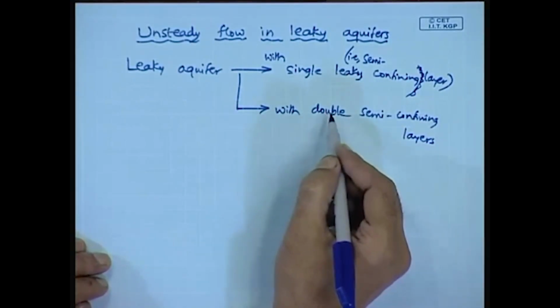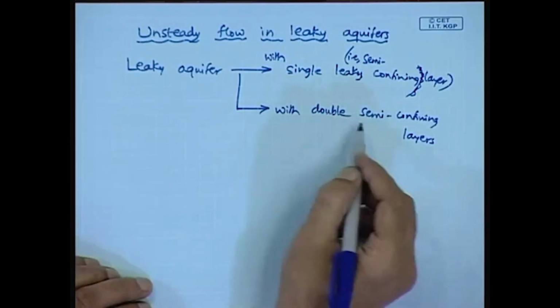Double means the confining layer may be at the top as well as at the bottom.